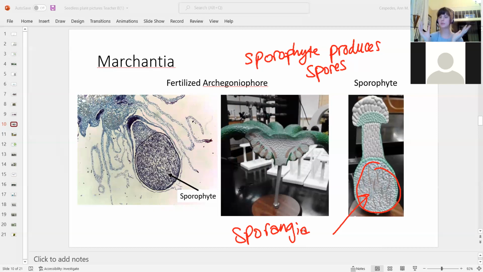It's not around for very long. All it does is start doing meiosis inside here. These sporangia do meiosis and they produce spores, and those spores get dumped and they go off to grow up into new gametophytes. So that's putting it all together. That's the life cycle. The sporophyte generation is really brief and tiny and not that important, not that big of a plant. The gametophyte is kind of the main plant, and that's going to change as we move into ferns.